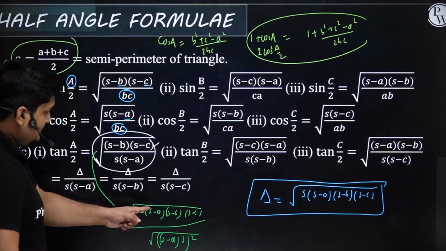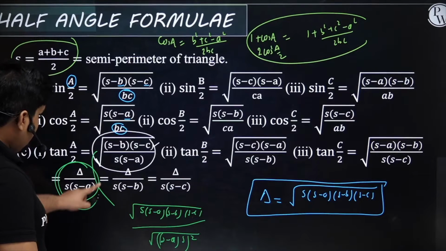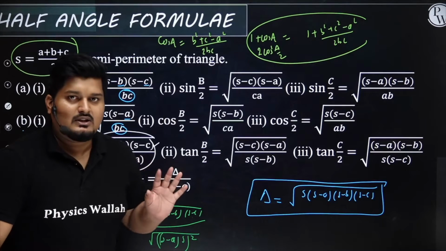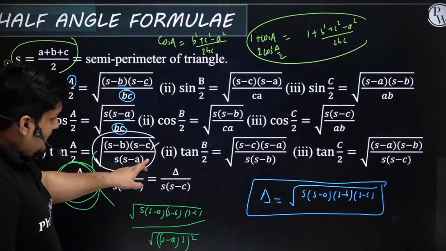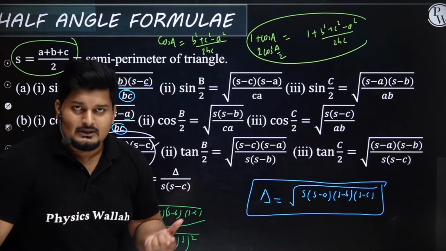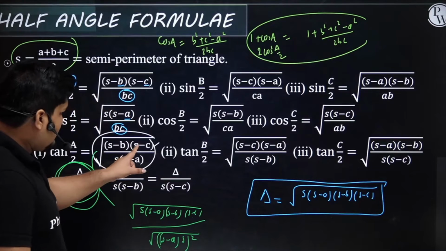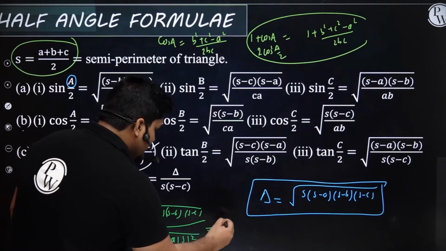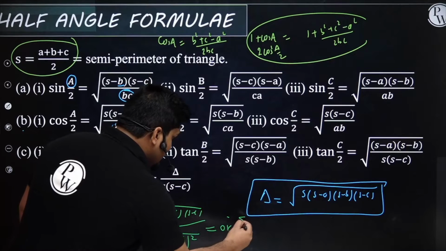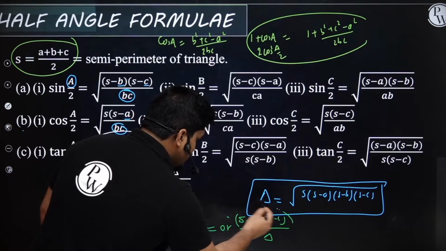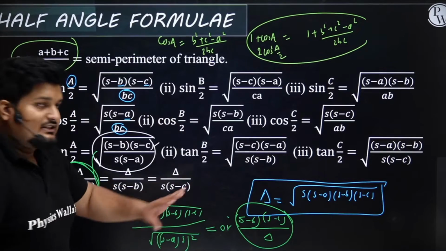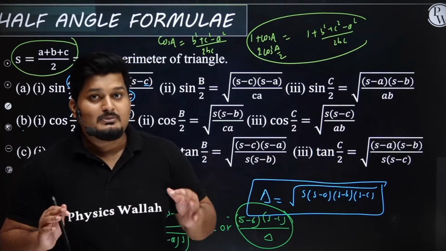So what is the numerator? It is delta. So we get this result, delta upon s(s minus a). Or if you multiply by (s minus b)(s minus c) in the denominator, then it will become (s minus b)(s minus c) by delta. We can use either result, depending on what information is given.